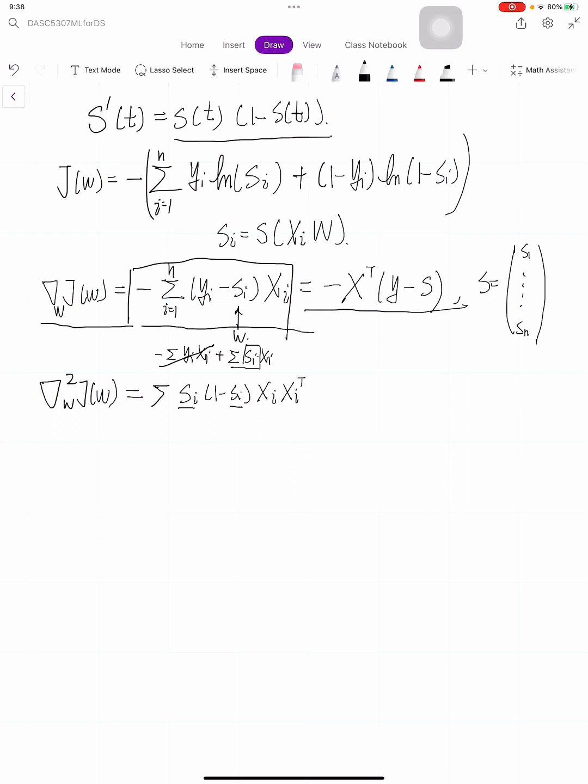Then you apply this to every term, i from 1 to n. This has a matrix form: the design matrix X transpose times a diagonal matrix Omega times X, where the diagonal matrix has entries s_1 (1 minus s_1) up to s_n (1 minus s_n).